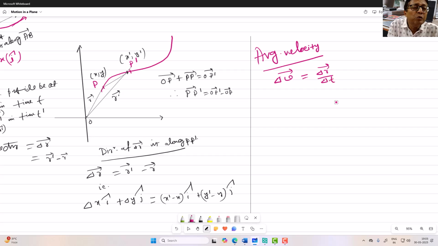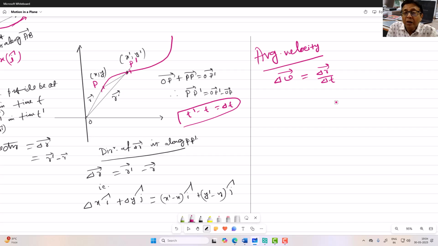This particle goes from P to P dash in time delta t. The time t dash minus t is delta t. It was here at time t, as we have assumed before, and at this point at time t dash. So this is delta t. Delta v, how can I define then? This is delta r by delta t.